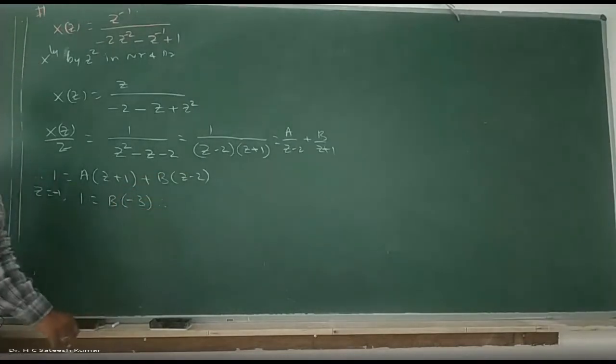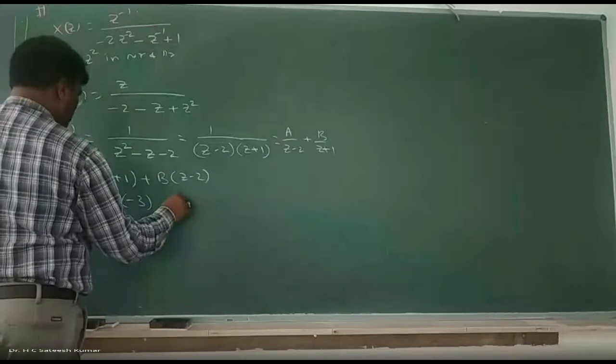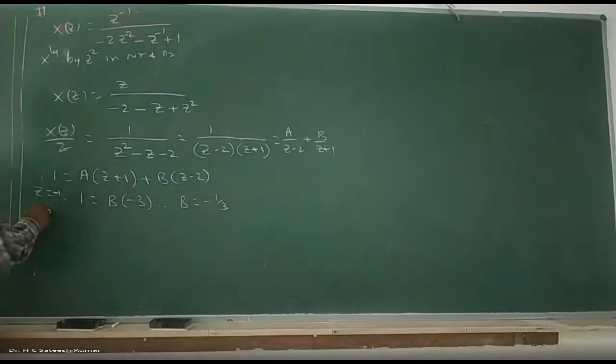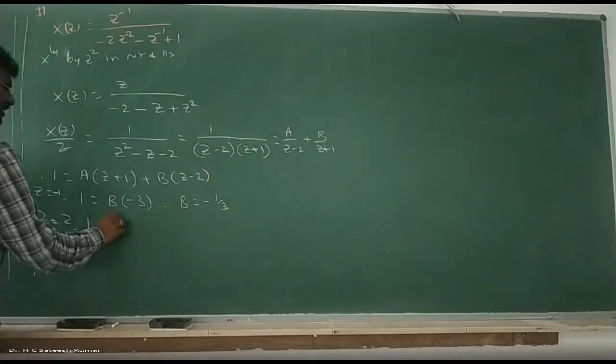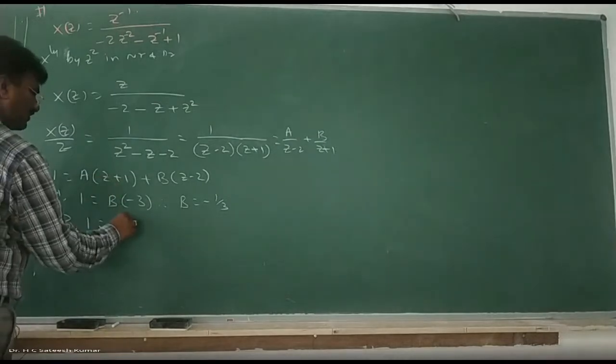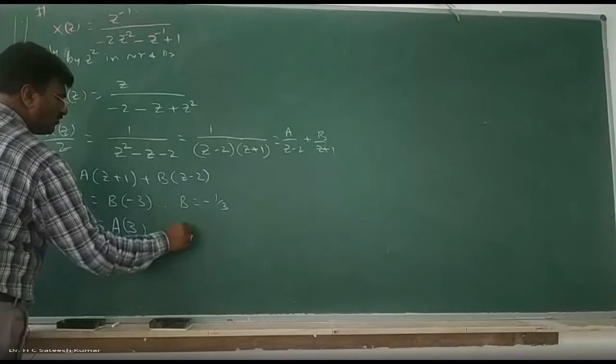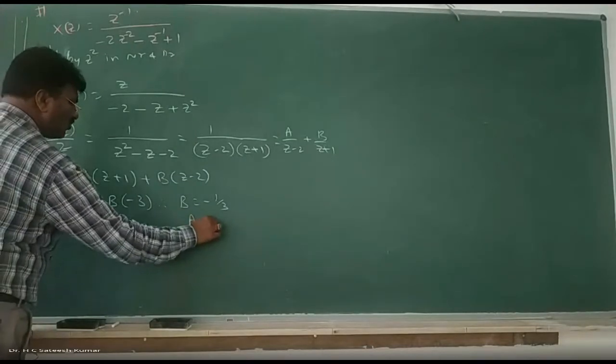Therefore, b is equal to minus 1 by 3. Put z is equal to 2. 1 is equal to a into 2 plus 1 is 3, and this is 2 minus 2, 0. Therefore, a is equal to 1 by 3.